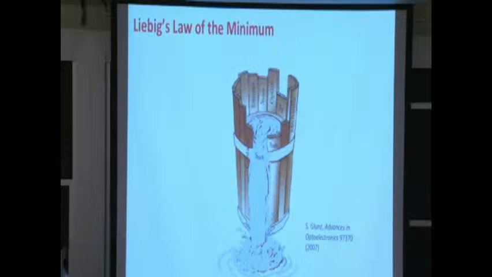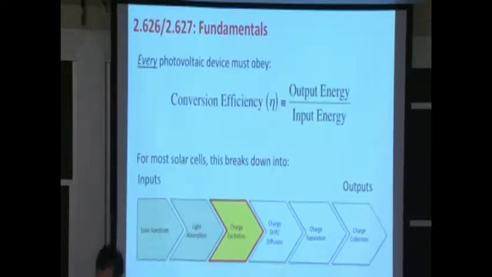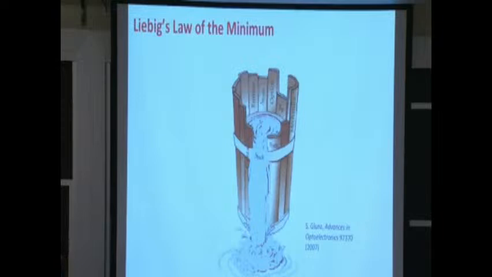And the image you should definitely have in your mind is of that bucket, with each plank representing a different component of the device, perhaps a different physical process, or perhaps a different physical component of the device itself. And whatever is the poorest is going to be limiting overall performance. Your efficiency is going to be flowing out from that low plank, and you will have a low efficiency device.